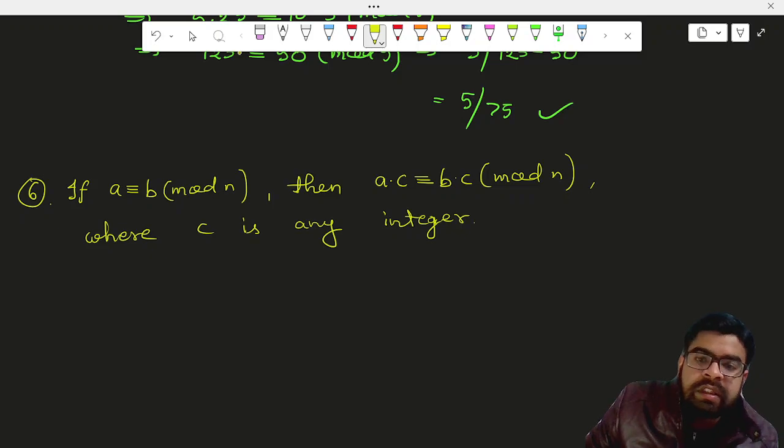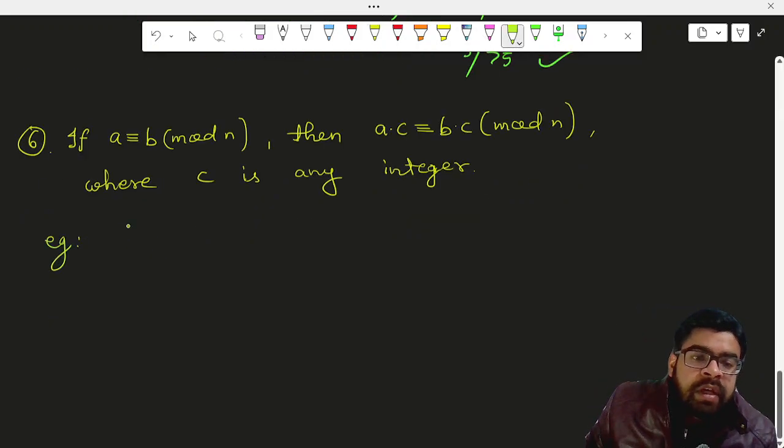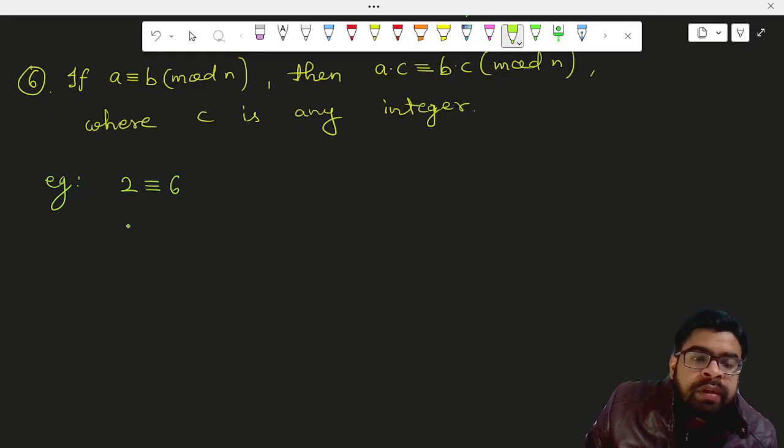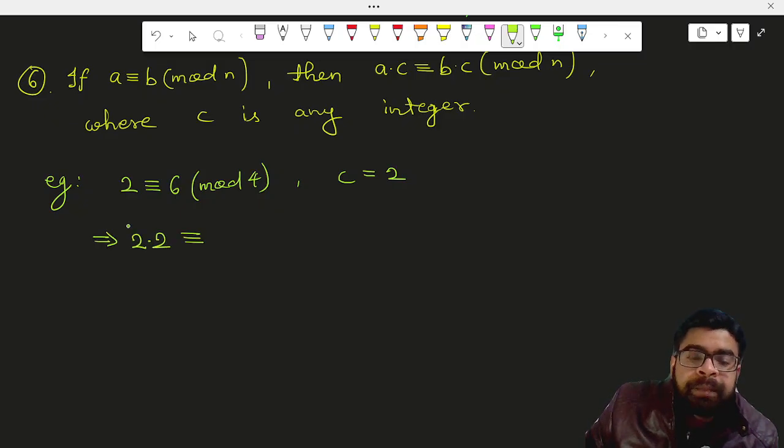C is any integer. For example, if I take an example here where we have a congruence like 2 congruent to 6 modulo 4, then if we take any C, for example if I take C as 2, we can write here 2 multiplied by 2, which is congruent to 2 multiplied by 6 modulo 4.